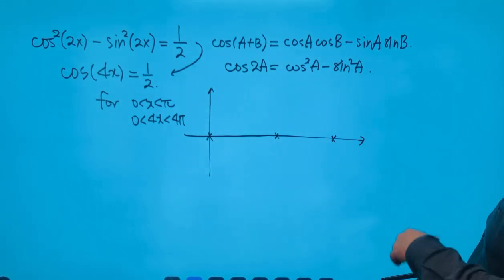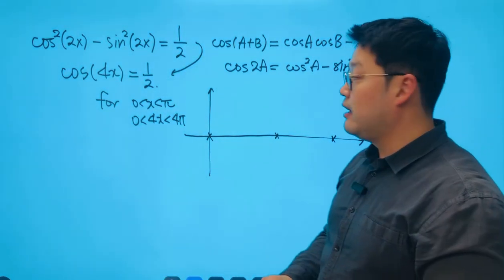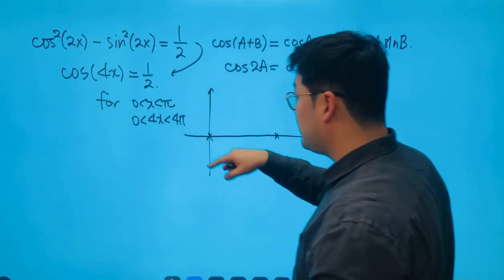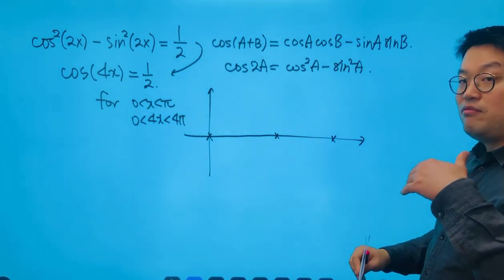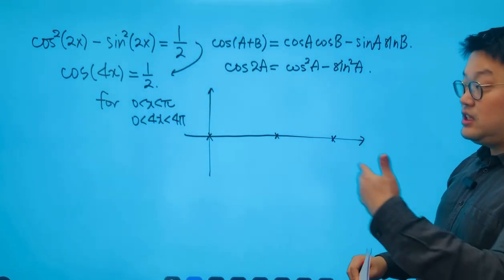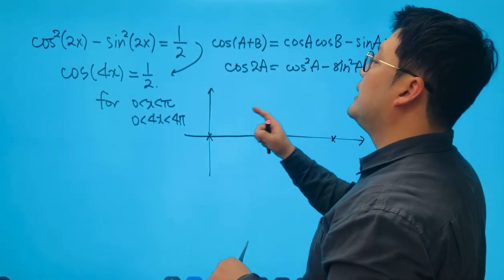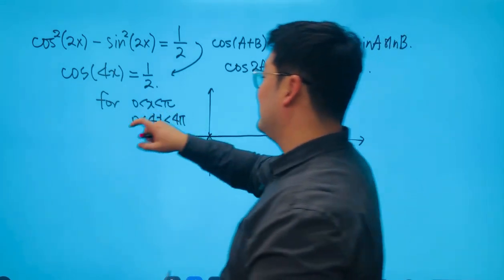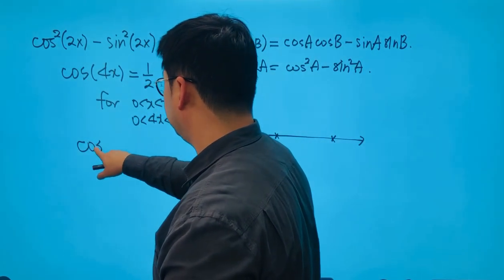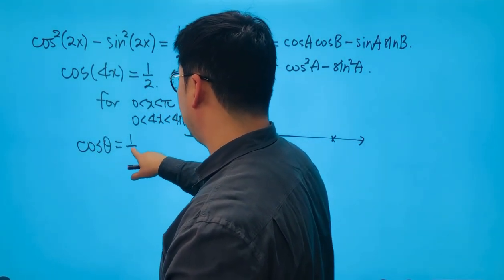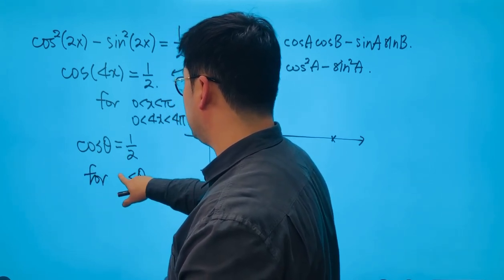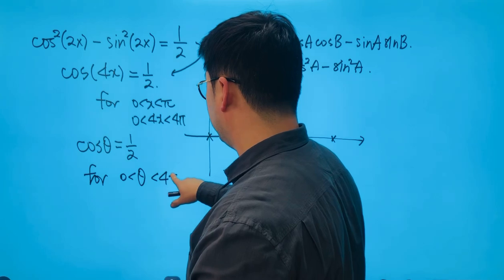Cosine 4x, I can call this theta, and we're going to have multiple graphs from 0 to 4 pi, but instead of x's, let's just graph with theta, okay? So we have cosine theta equals 1/2, where theta stays between 0 and 4 pi.